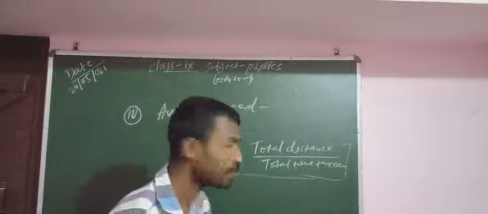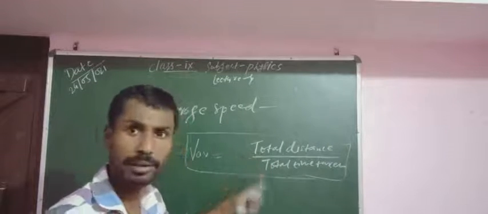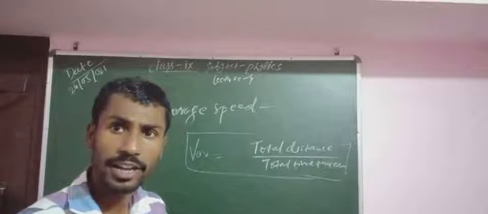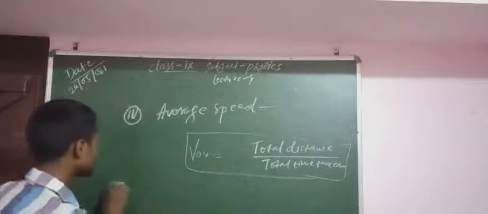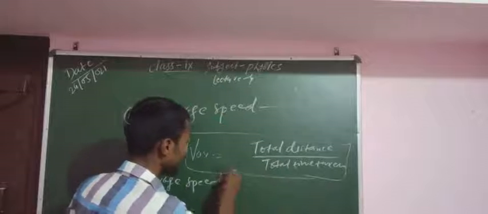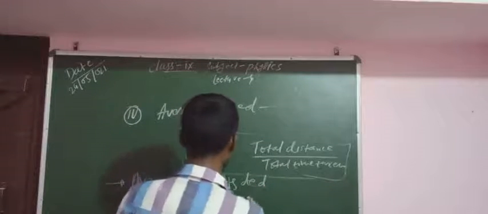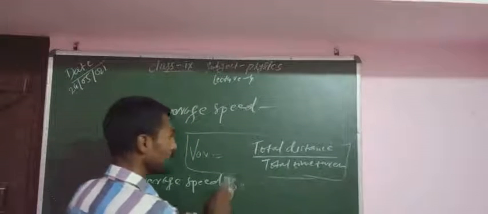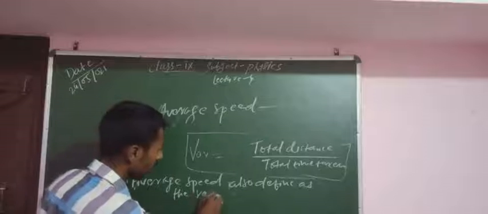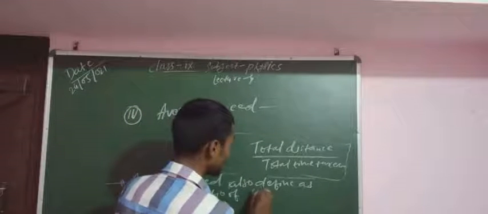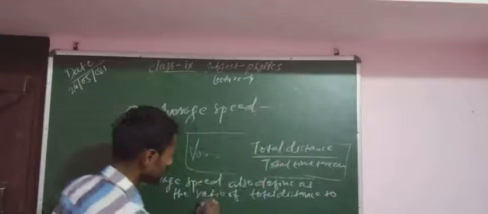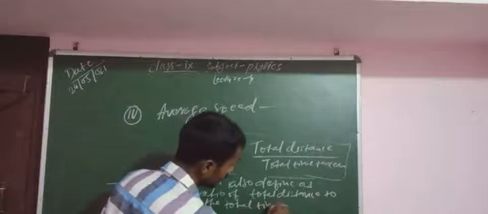On the basis of this statement, this mathematical term, we can define the average speed as the ratio of total distance to the time taken.